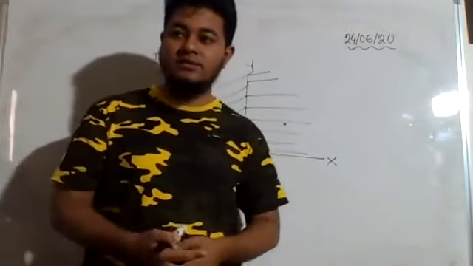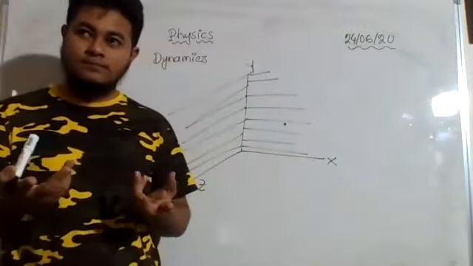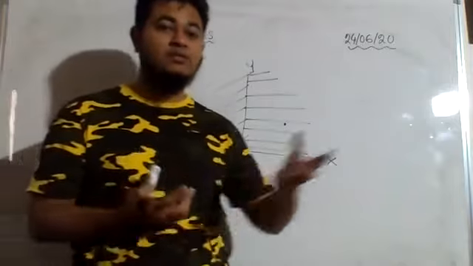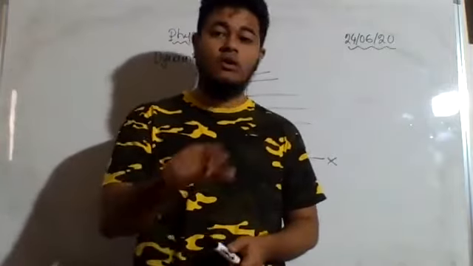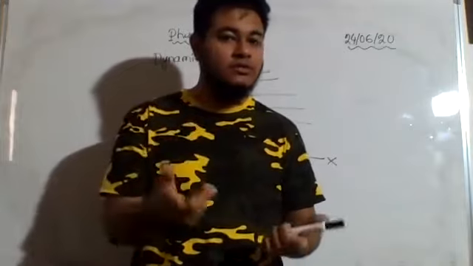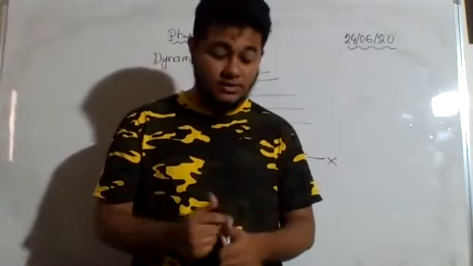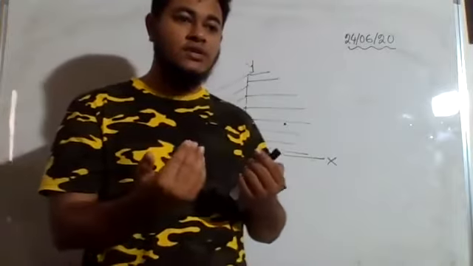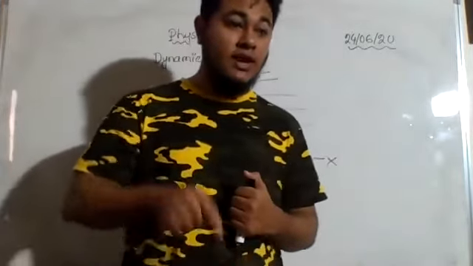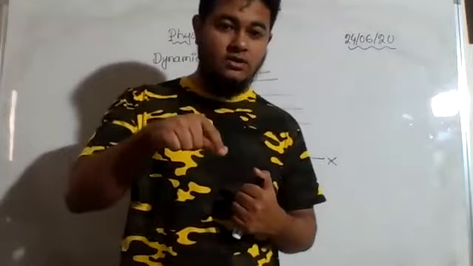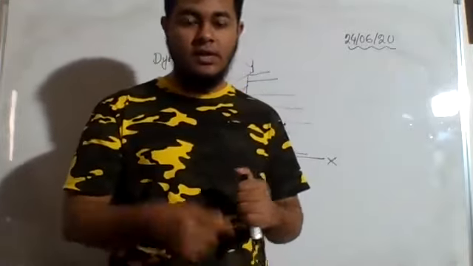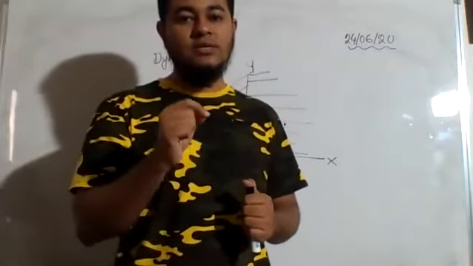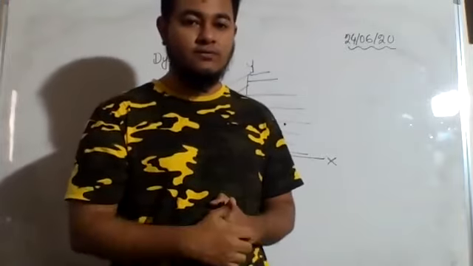Then again, let us think a car is moving. Now the corner of a car is also a three-dimensional reference system, right? If the car is moving at a constant velocity, then that corner of the car is also moving at constant velocity. Then also we can say that this is an inertial reference frame.